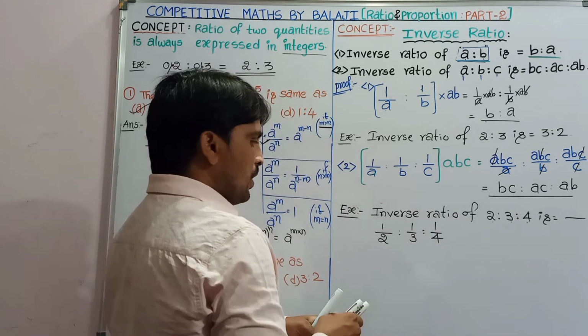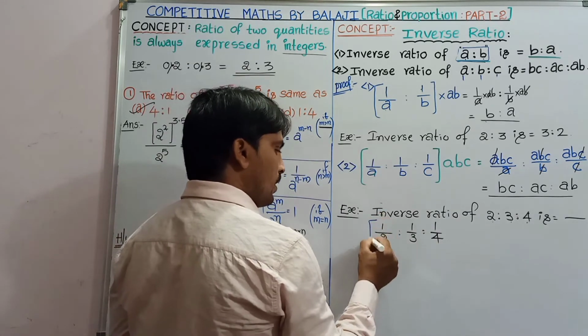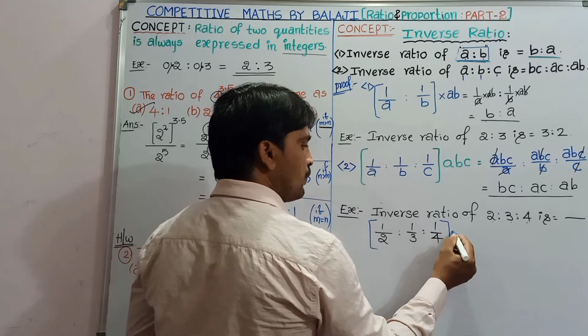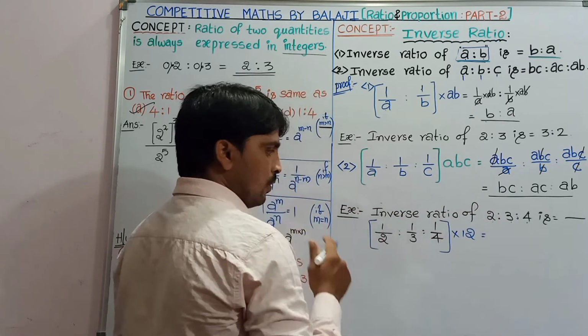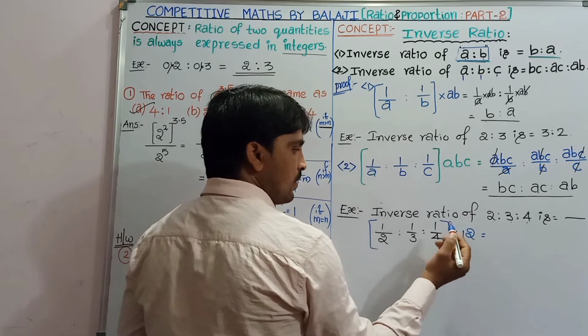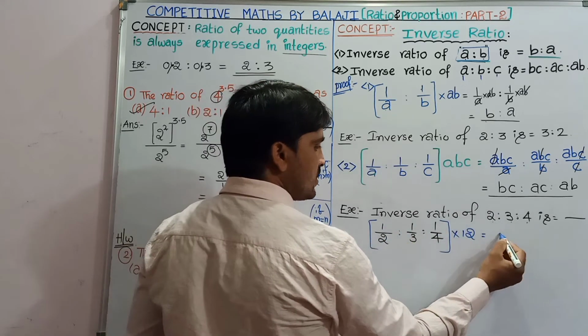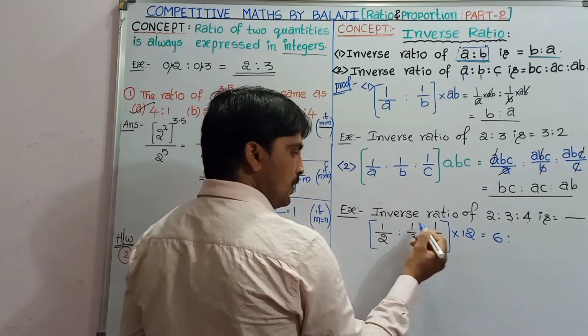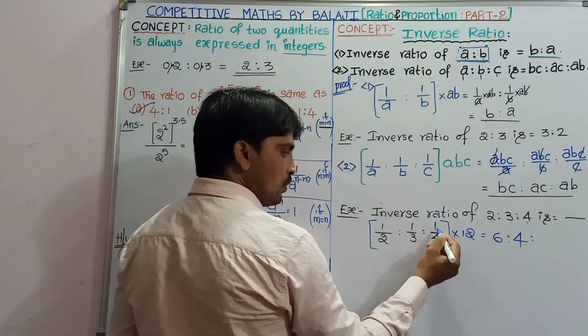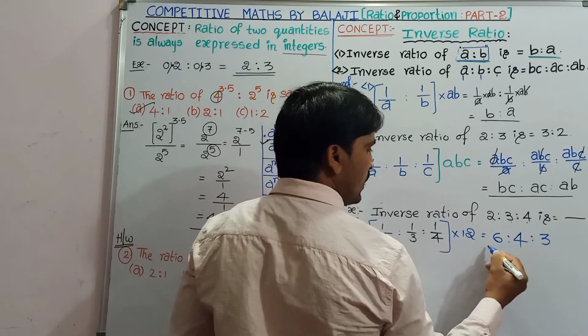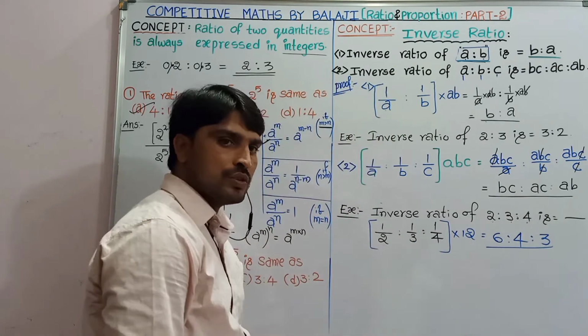So LCM of 2, 3, 4 is 12. We have to multiply with the LCM of denominators here. 12 by 2 is 6, is to 12 by 3, that is 4, is to 12 by 4, that is 3. So answer is 6 is to 4 is to 3.